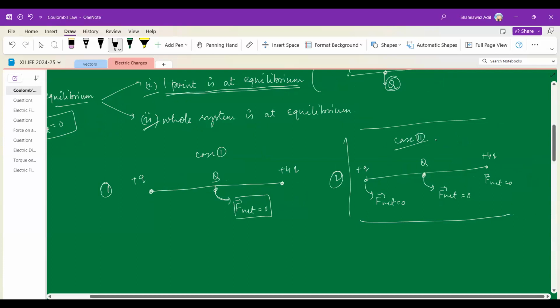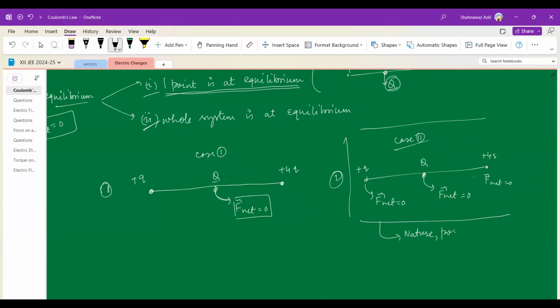Yes. So in this kind of question, you had to find the nature, position, and magnitude of the third charge. So we had to find what is the position, what is the nature, whether it is positive or negative, and what is the magnitude of this charge, right?